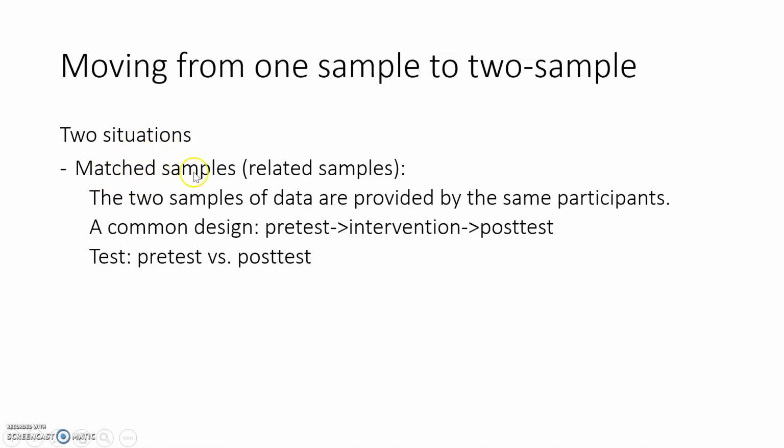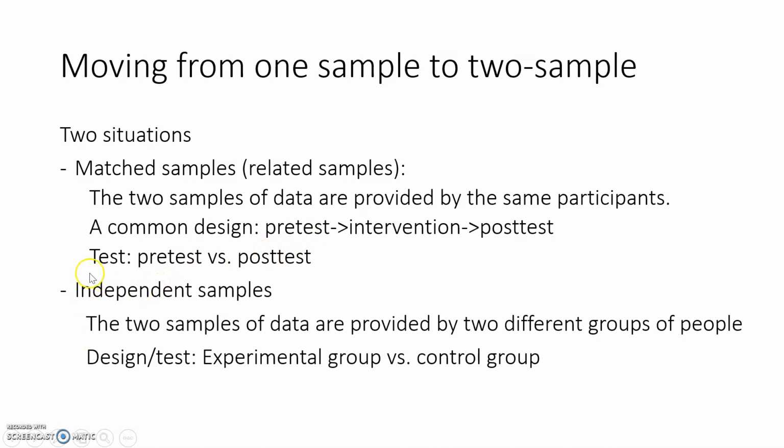So basically, in this matched samples design, each individual, each participant will provide two data points. One is pre-test, the second one is post-test. And we are going to do a within-subject comparison. Okay, so I'm comparing my before and after data. That's the first situation in which we could have this two-sample comparison.